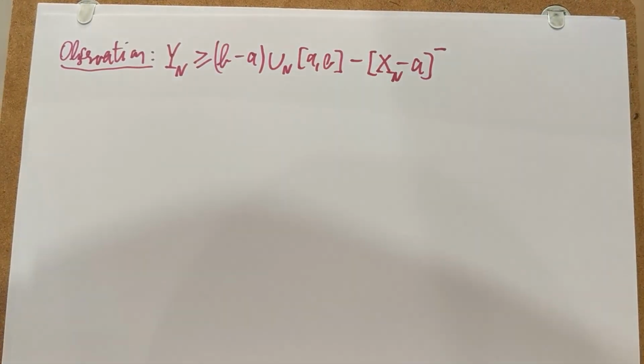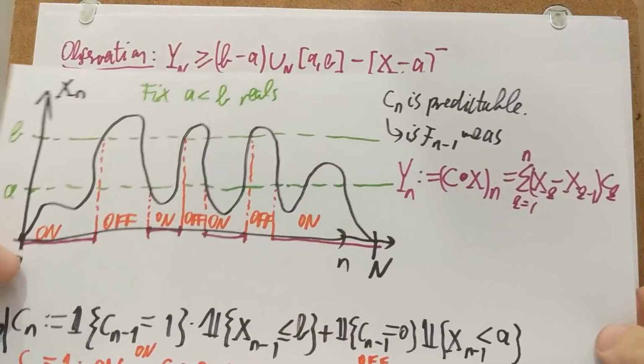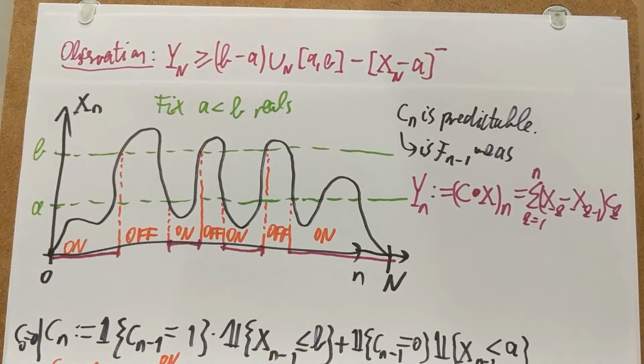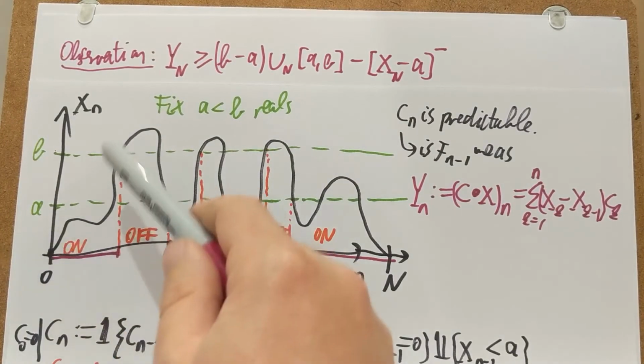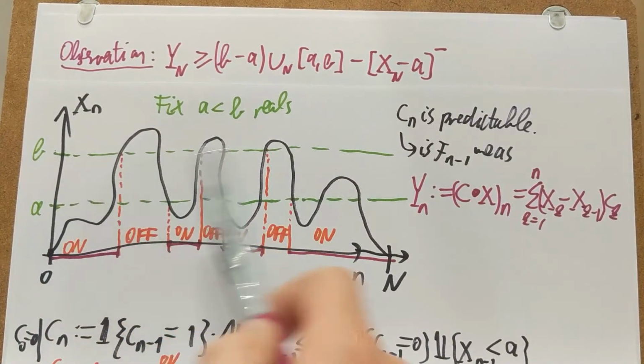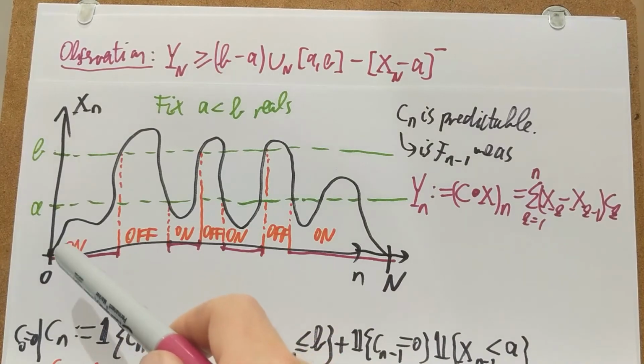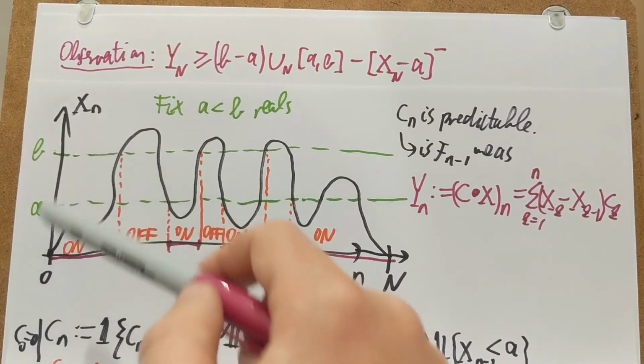So again, what is going on with this process? Y_n is counting every increment of my martingale X_n within upcrossings.